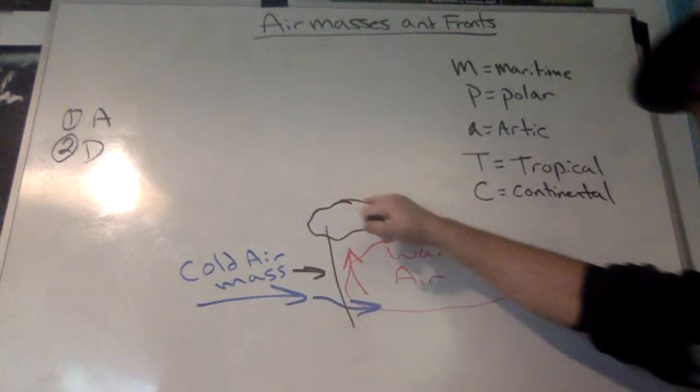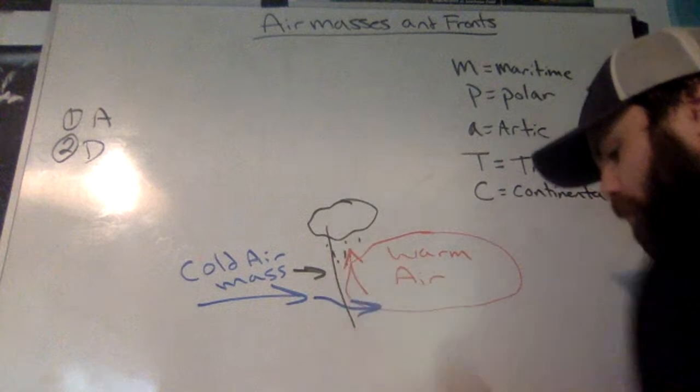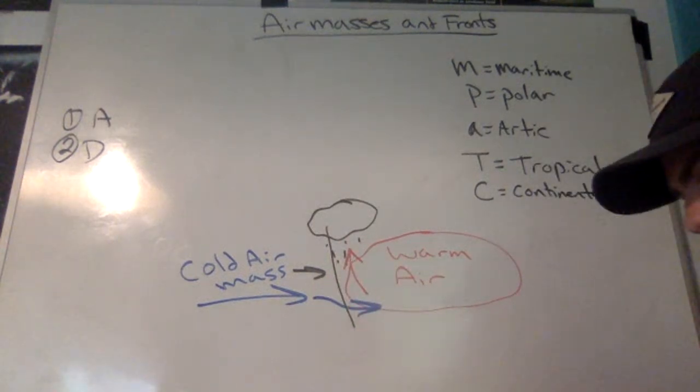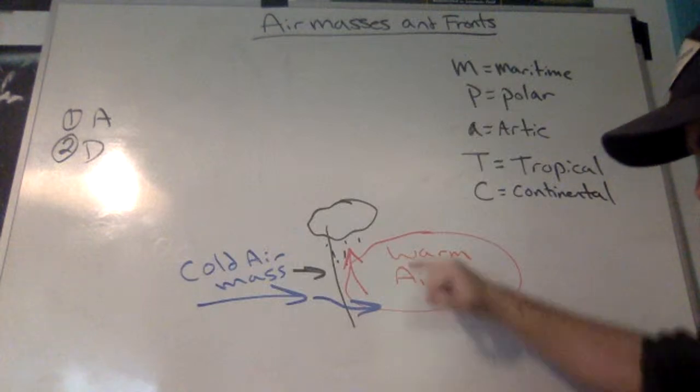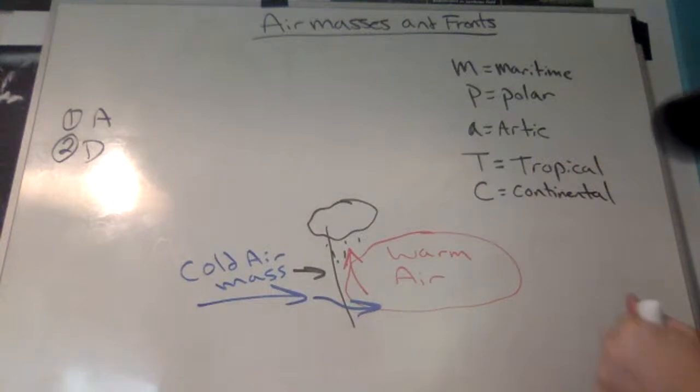When clouds form from air that's going up and expanding, you get precipitation. The only one that makes sense is cold air flows under warm air, causing the warm air to rise and cool. So number three is going to be C.